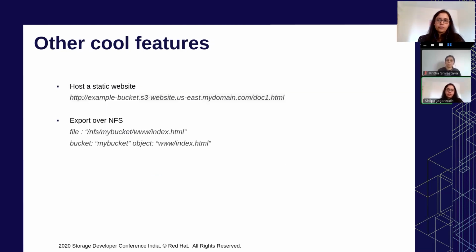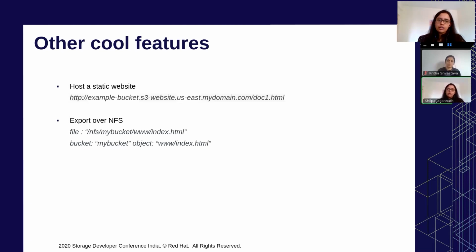Lastly, I would like to talk about a few other features that are supported in S3. The first one is hosting a static website. A static website consists of individual web pages that include static content. You could use an object store to host a static website, and it is quite simple.